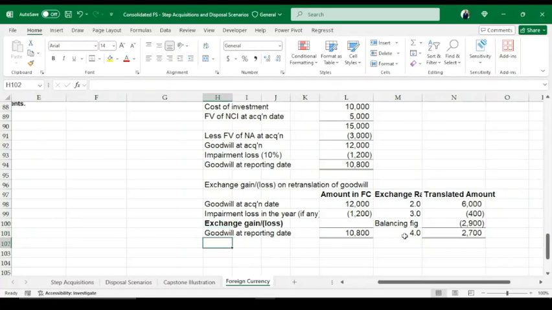So this is how we translate, and this 2,900, the parent portion is going to be in a retranslation reserve, and then the subsidiary's portion is going to be used in our NCI calculation. So that is how we do that.